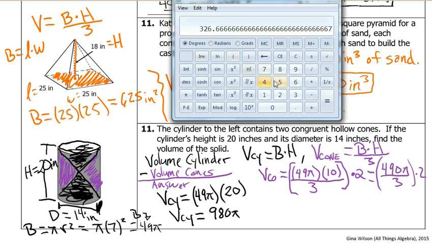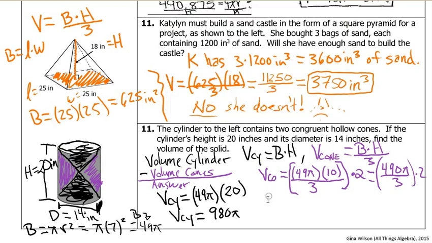So again, 490 divided by 3. I'm doing the inside first. And then that's 163.33 times 2, the outside. And it's 326.67. So I get my V equal 326.67, and my pi is still with me.